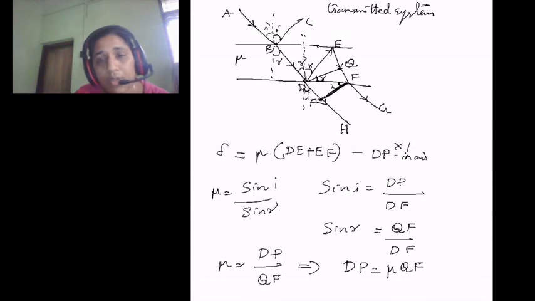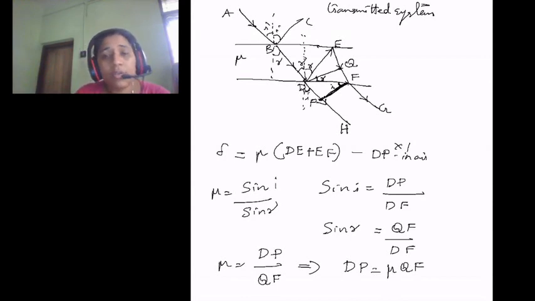Then sin I is equal to opposite by hypotenuse, DP by DF, and for sin R we are considering the triangle DQF, and from there sin R is equal to QF by DF, and thus mu is equal to DP by QF. Thus DP is equal to mu QF.